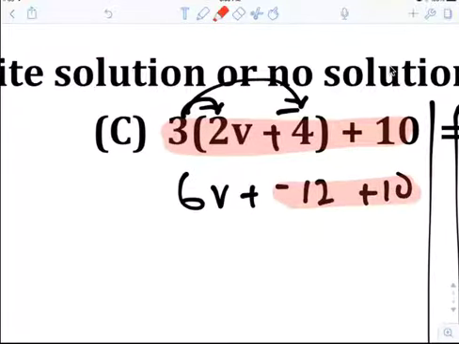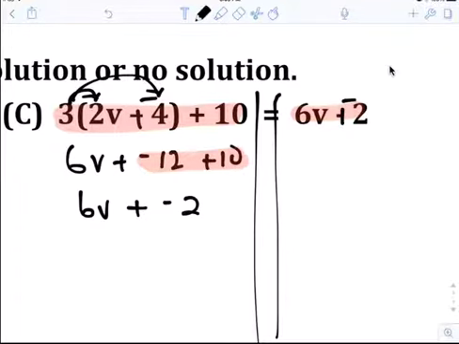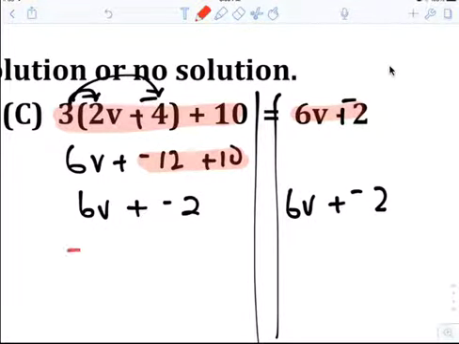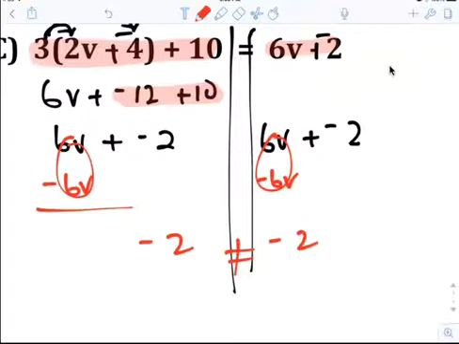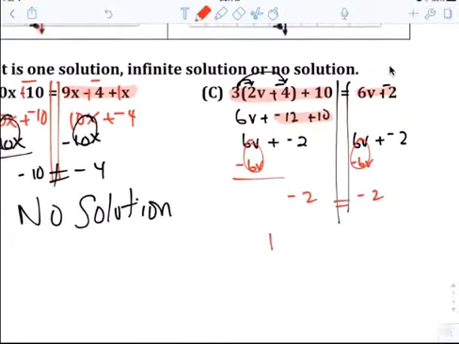Combine these, you get a negative 2. 6v plus a negative 2. Okay, additive inverse plus a negative. 6v plus a negative 2. Okay, minus 6v, minus 6v. 0 plus negative 2 is negative 2. 0 plus negative 2 is negative 2. They do equal. Infinite solutions. Okay?